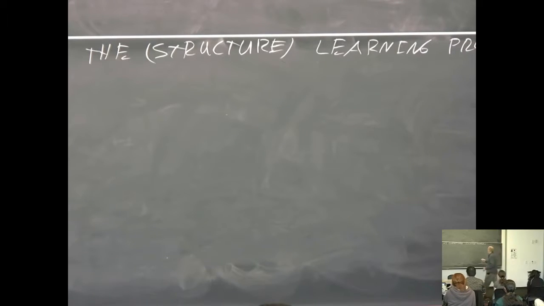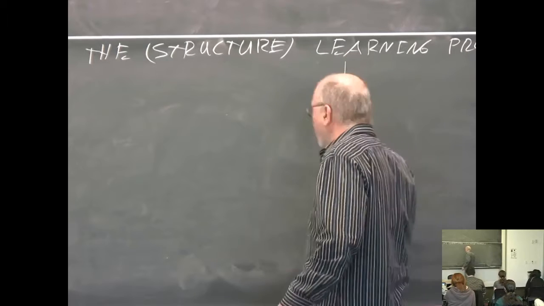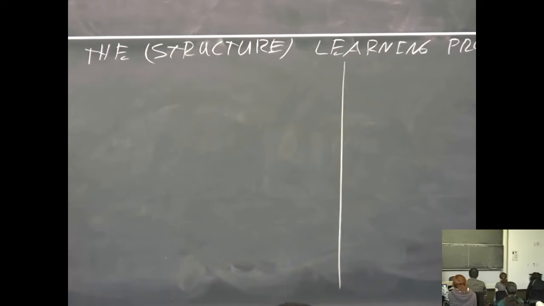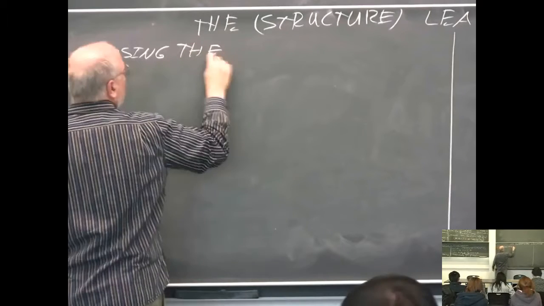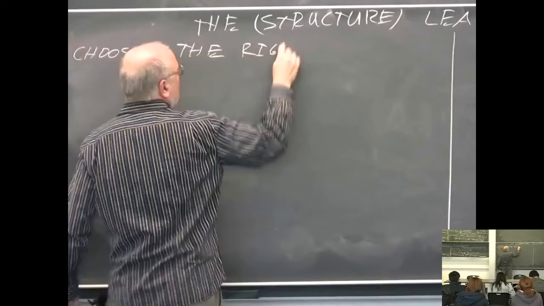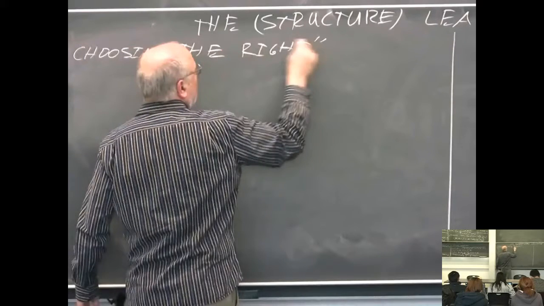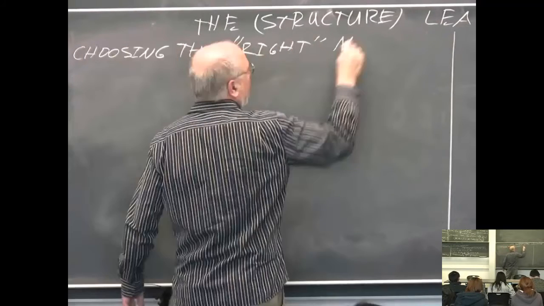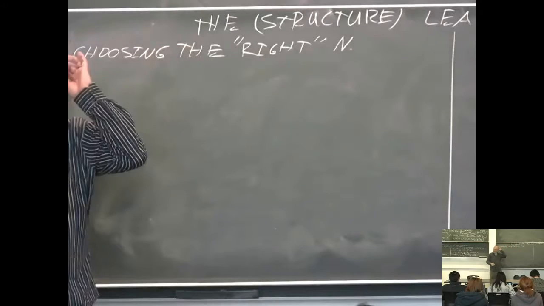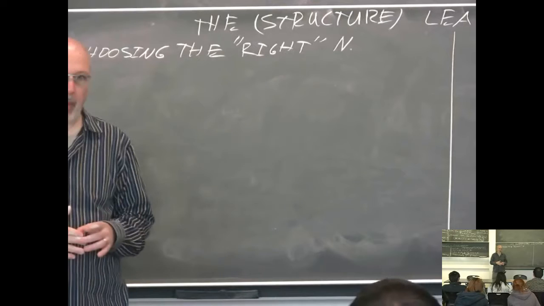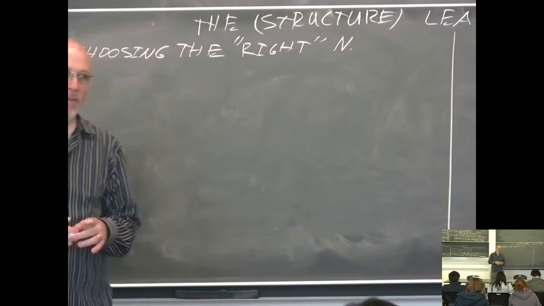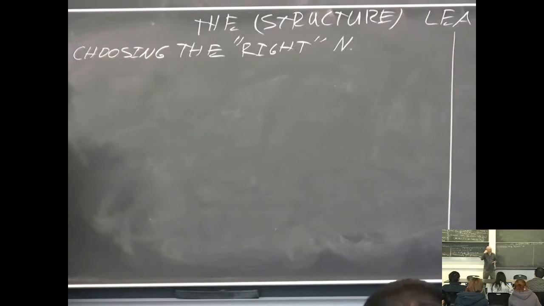But what would it look like in the HMM world? In the HMM world, it would be choosing the right or best n number of states, right? Maybe also choosing a topology, how they're connected. Well, how would we do that? Any suggestions?